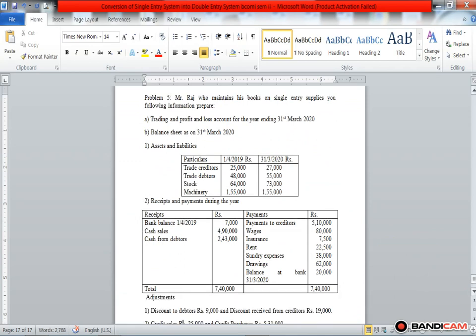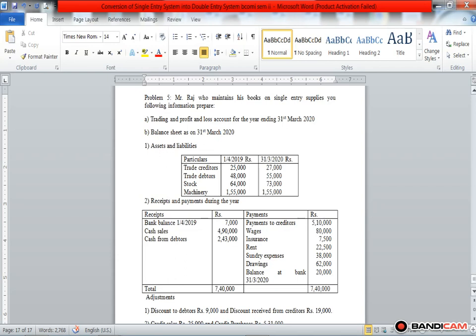Mr. Raj, who maintains his books on single entry, supplies you the following information. Prepare a trading and profit and loss account for the year ending 31st March 2020, and a balance sheet as on 31st March 2020.